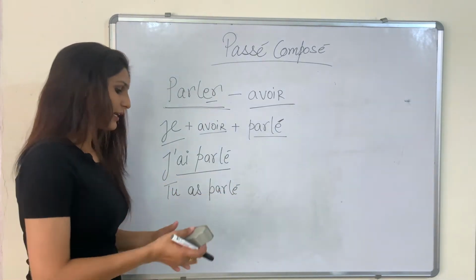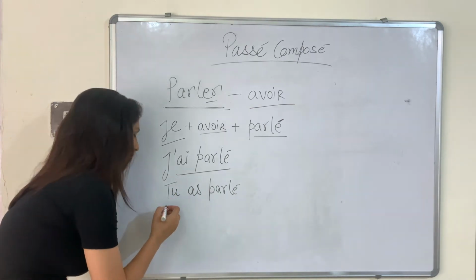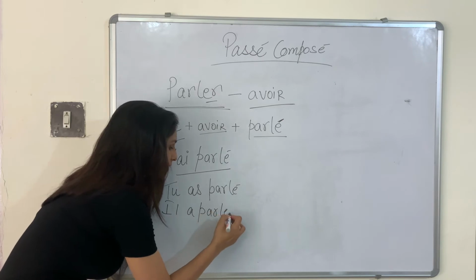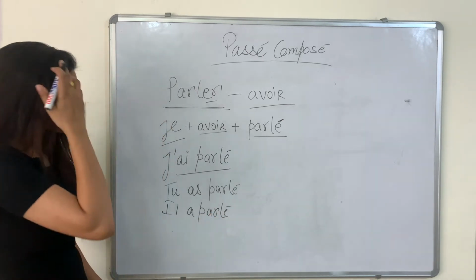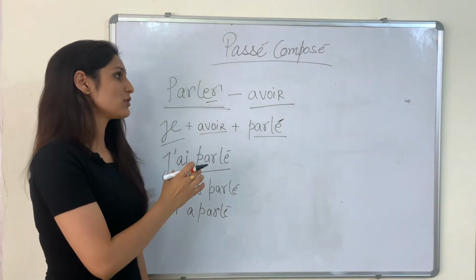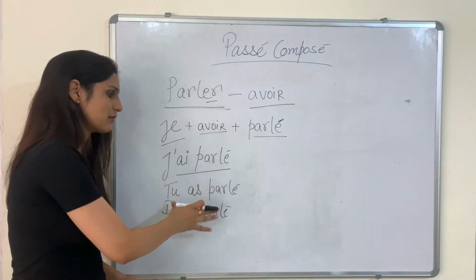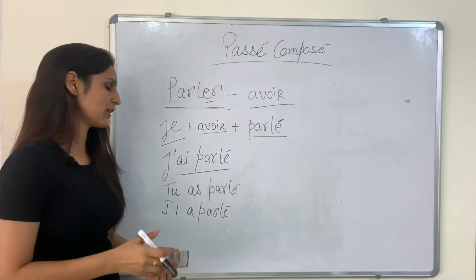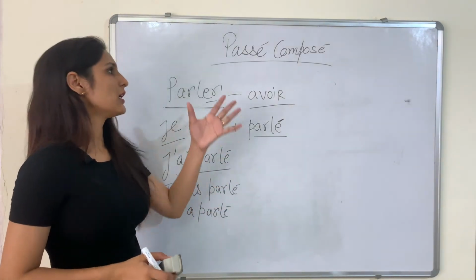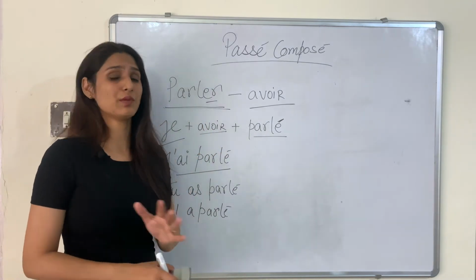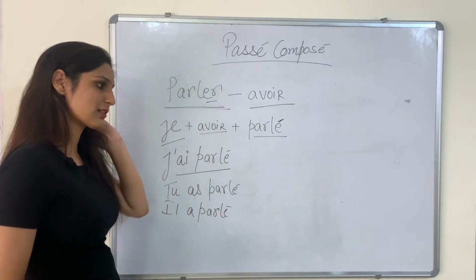Tu as parlé. Il a parlé. The usage of this tense and the literal meaning of these verbs when conjugated becomes something else, but it is actually simply past tense, passé composé, and it is a very frequently used tense.